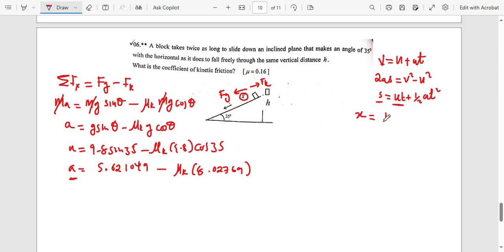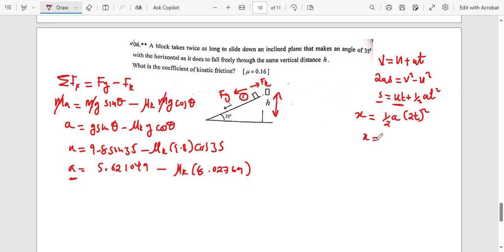And then we're going to have half a, where a is the acceleration, and then t is the time. Remember, the time it takes for the block to fall downwards is twice the time it takes for this to drop here. So we're going to put 2t there, and this is squared.